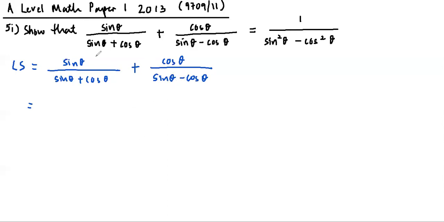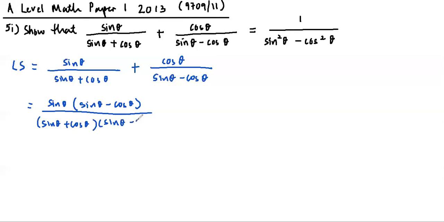So in order to make a common denominator, you multiply the first term by the denominator of the second term, meaning that you have sine theta, you multiply this by sine theta minus cosine theta, which is the denominator of the second term. And the denominator, you have sine theta plus cosine theta, which is multiplied by sine theta minus cosine theta as well.